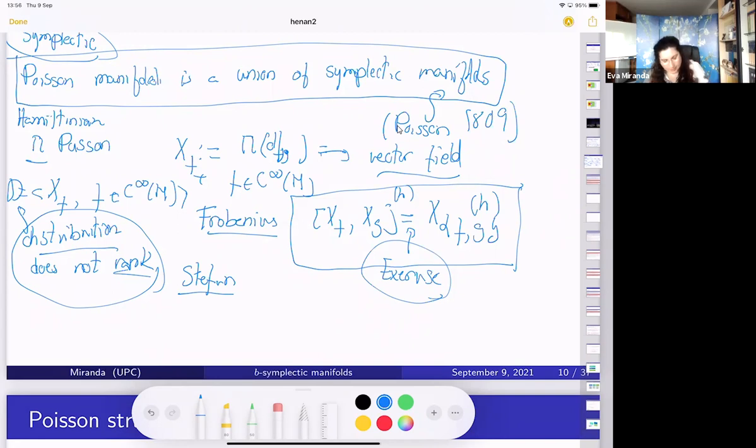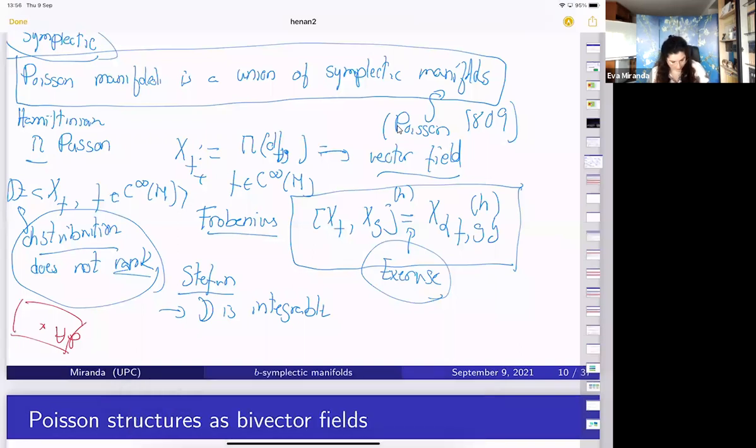That tells you that this distribution is integrable in the sense that for every point on the manifold, there exists a submanifold of maximal rank such that the tangent space to this submanifold is the distribution at the point.